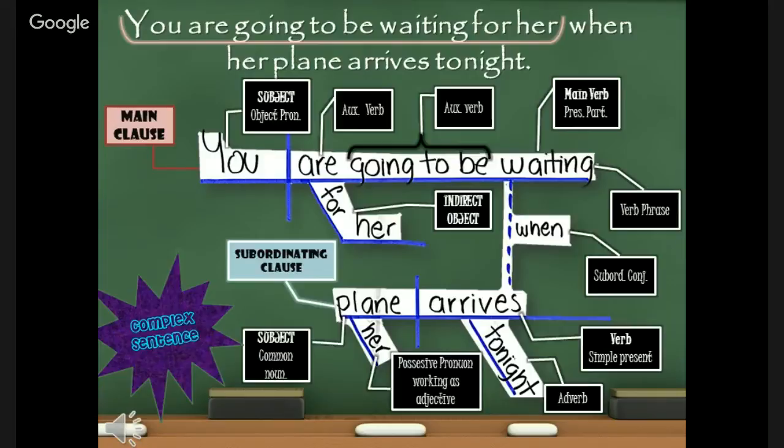Plane is the subject, and it is a common noun. Arrives is the verb, and it is in simple present. Under plane, we have her, that is a possessive pronoun, but it's working as an adjective. And tonight goes under the verb arrives because it's an adverb. This sentence is a complex sentence.